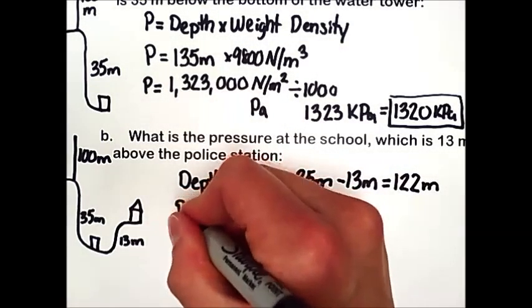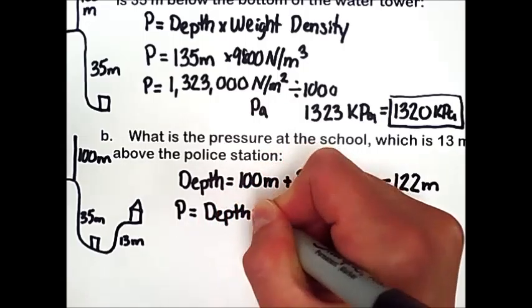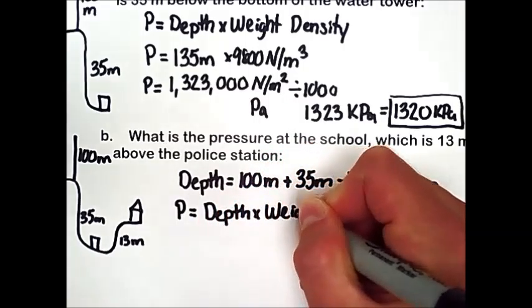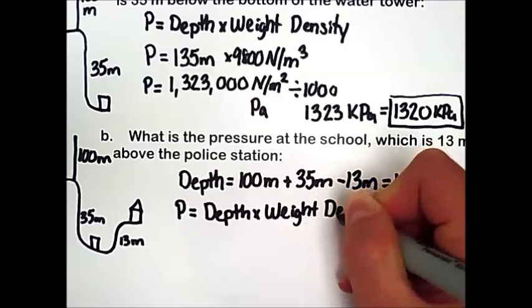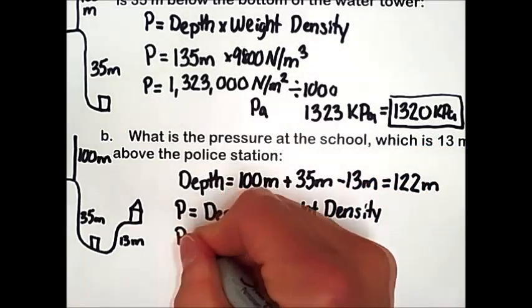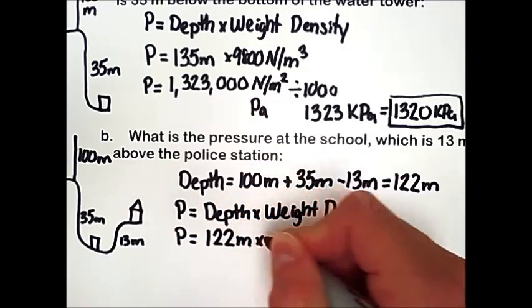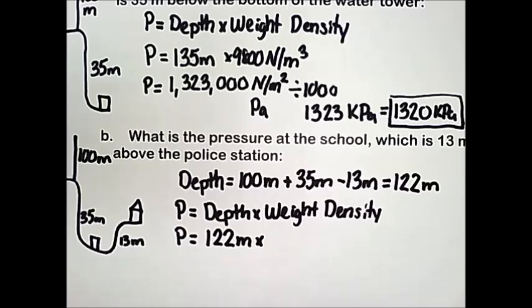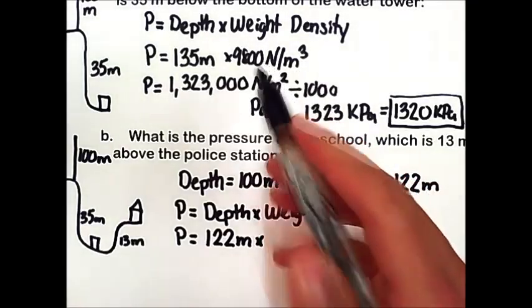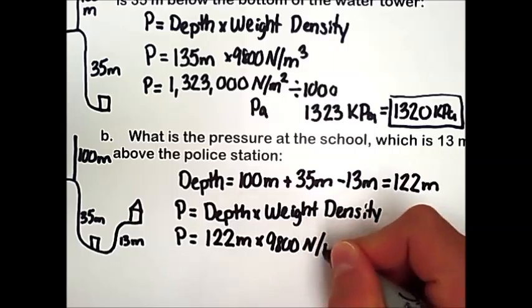Now we can calculate the pressure by taking the depth times the weight density. Again, our depth is 122 meters. Our weight density for water is the same as before, 9,800 newtons per cubic meter.